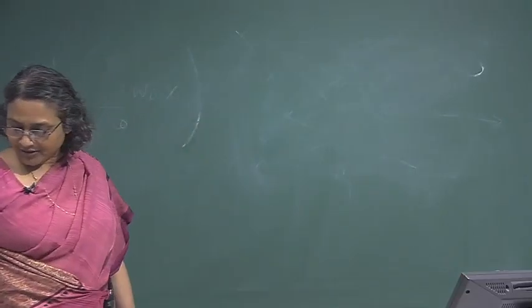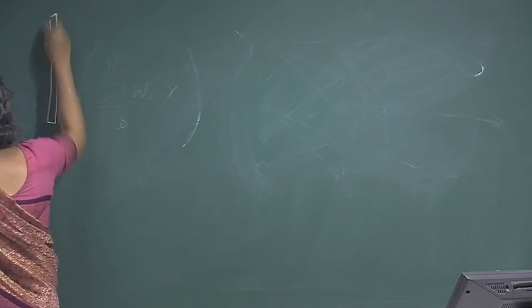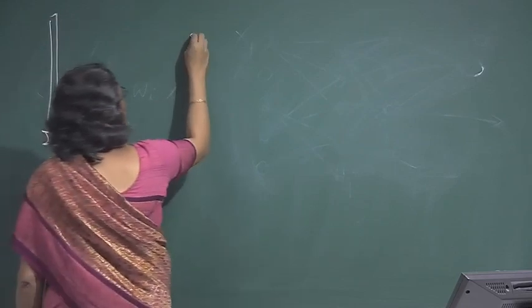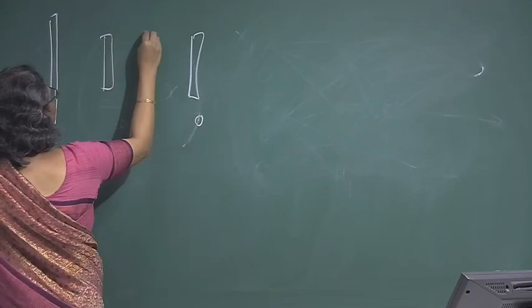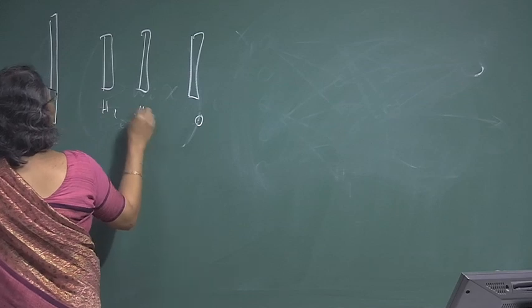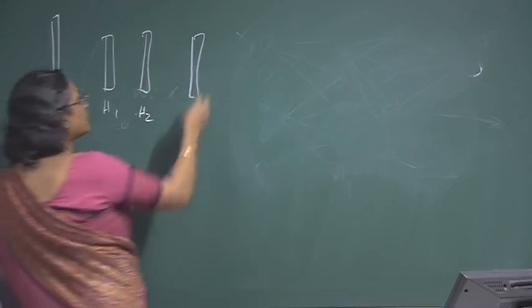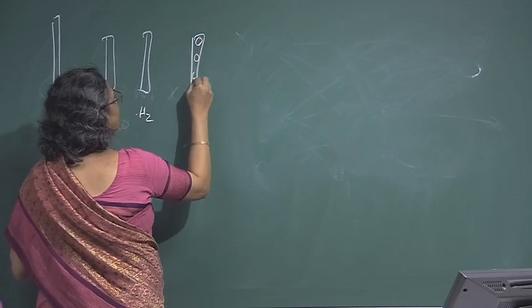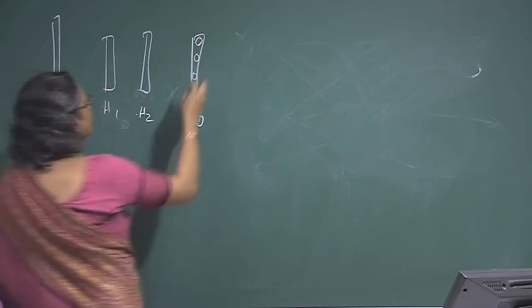So, if you have a neural network where this is the input layer and this is the output layer, and these are some hidden layers, and there is connectivity between them. For the nodes at the output layer, we can find out the error for a given input.